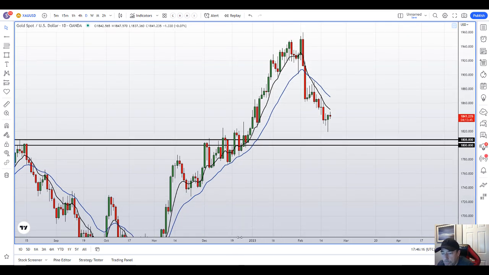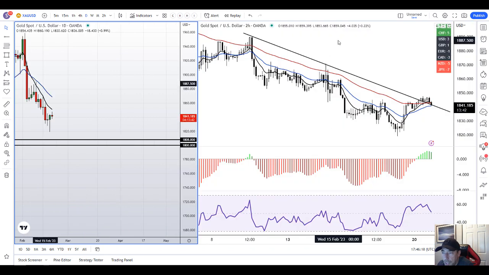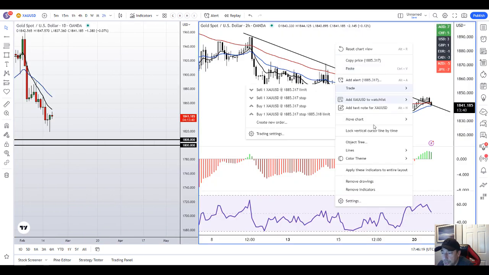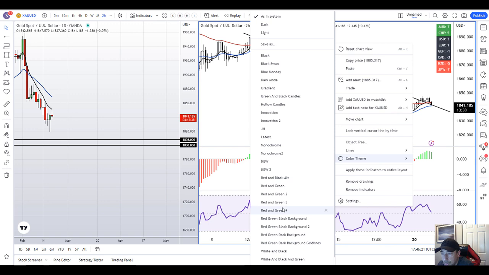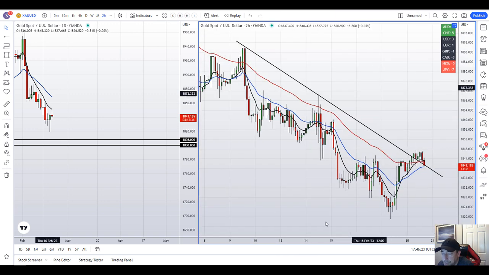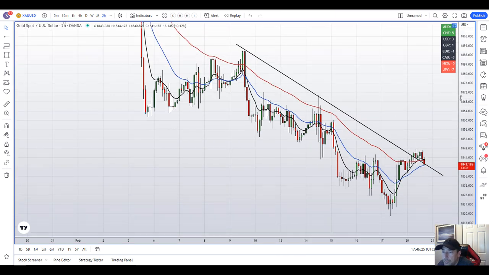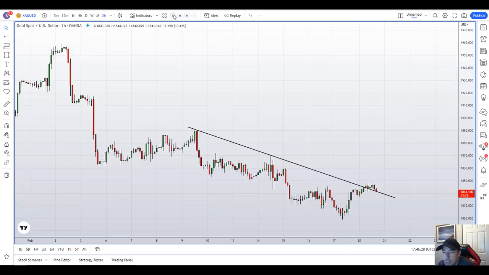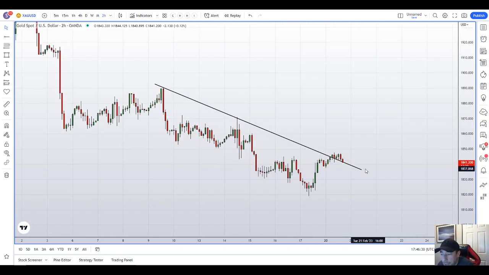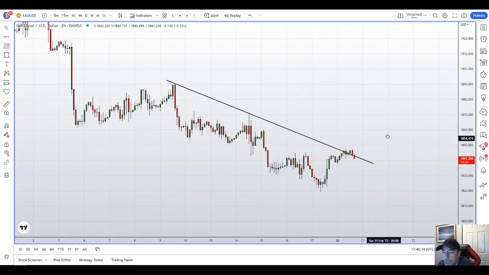So let's have a little look on the intraday time frame. Just going to change my color scheme so they all match up. We do have a trend line here which we've broken above, as you can see. It could be a false break.